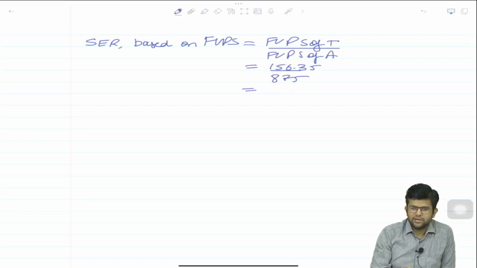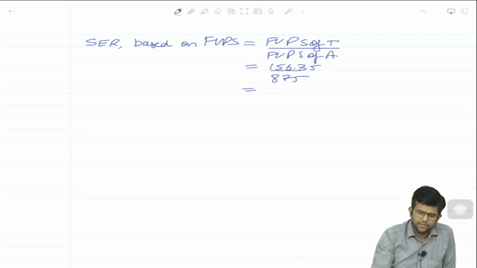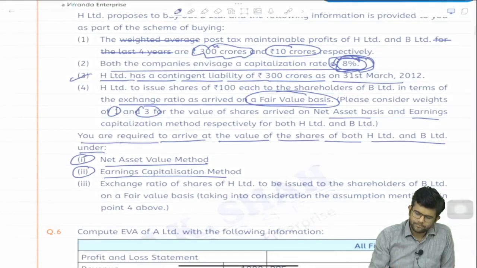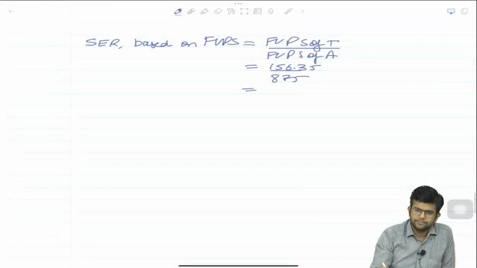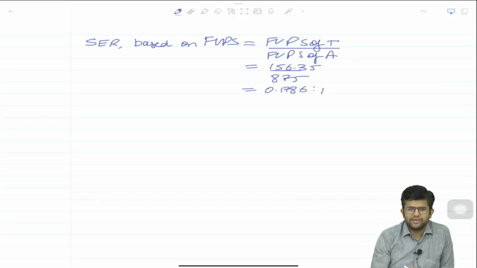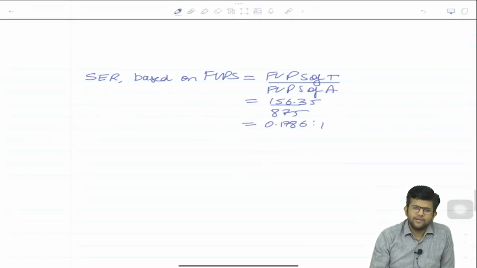And get me the answer, please. 156.35 divided by 875 is 0.1786:1. Everybody clear? 0.1786:1, which means for every one share of target, acquiring will issue 0.1786 shares.